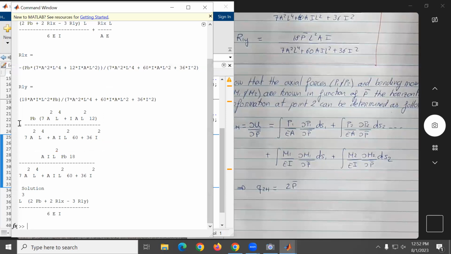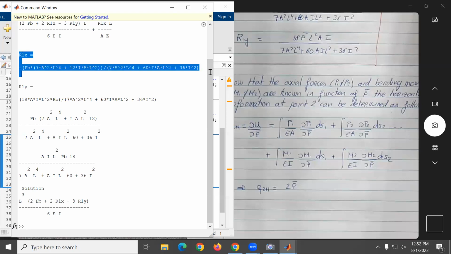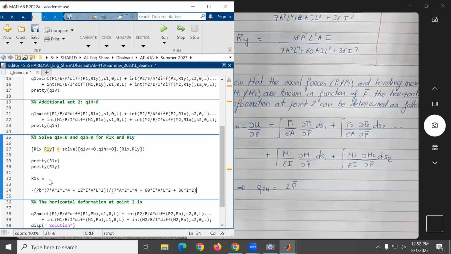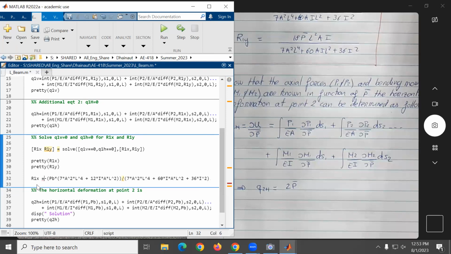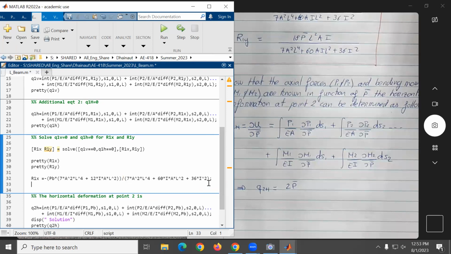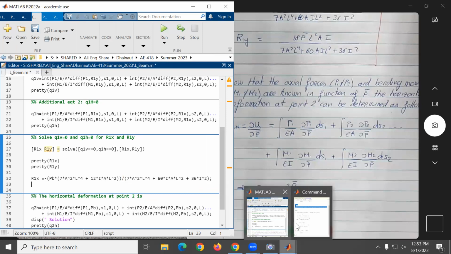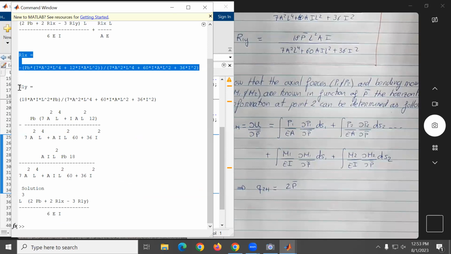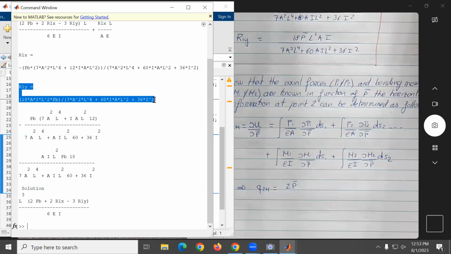These are the two expressions. So why is it not doing it? I understand why, but it doesn't matter. Let's do it this way. I could define it that way, and R2X or R1Y would be this one. Copy.